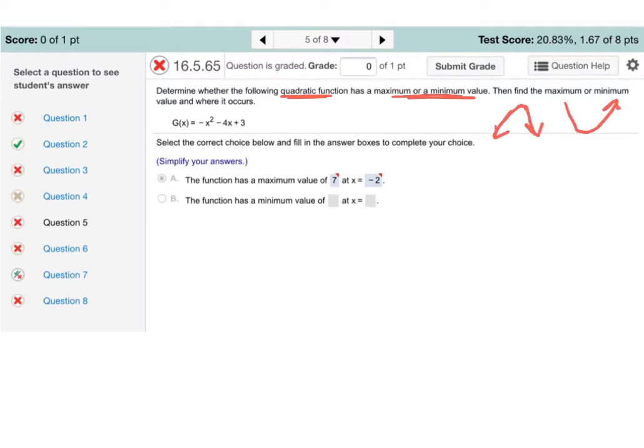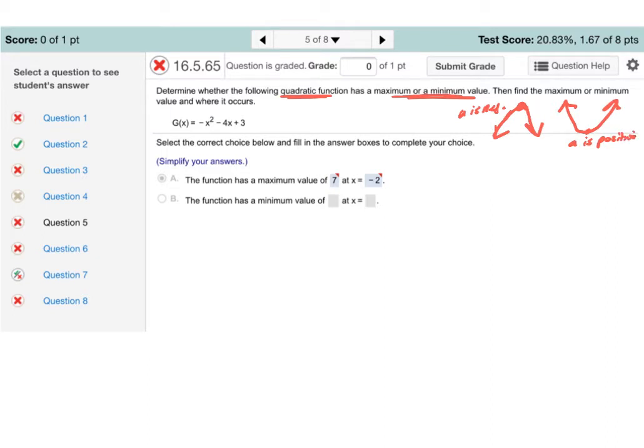If it opens downward, you'll have a maximum, and that means the value of a is negative. If it opens upward, you'll have a minimum value for the vertex or the lowest point.